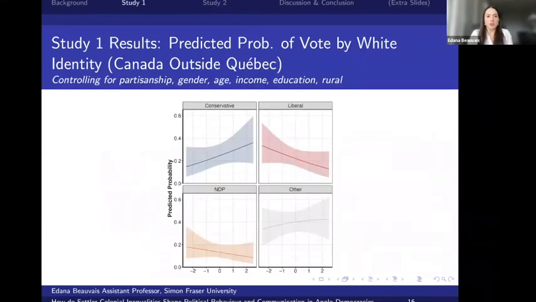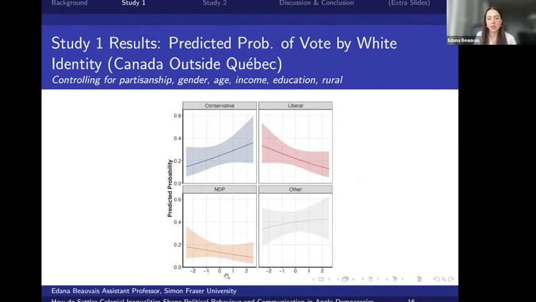Okay, so going through the results from study 1. So these are showing you the results. This is the predicted probability. I've just graphed the predicted probabilities of voting for a given party by the distribution of white identity in this case. So across the x-axis here, this is the distribution of white identity.